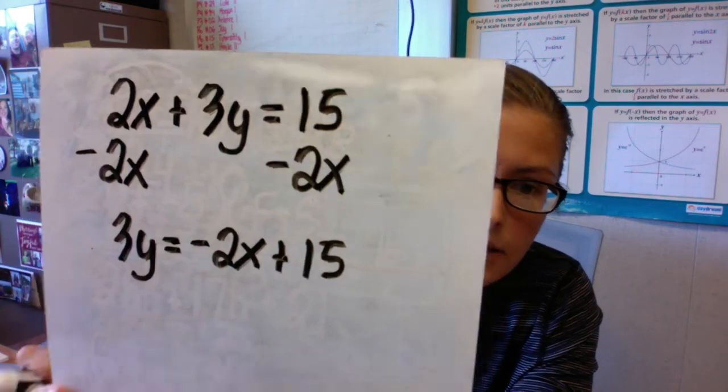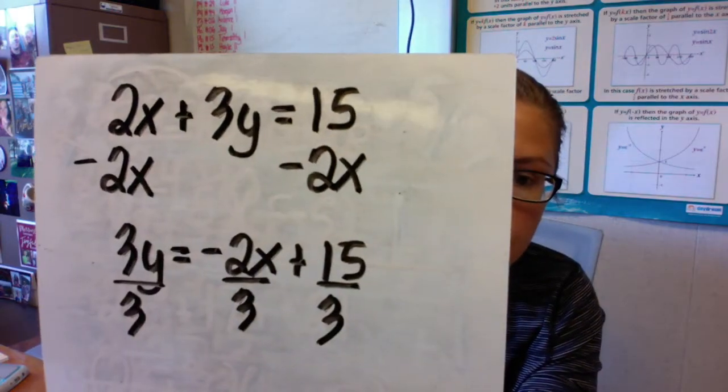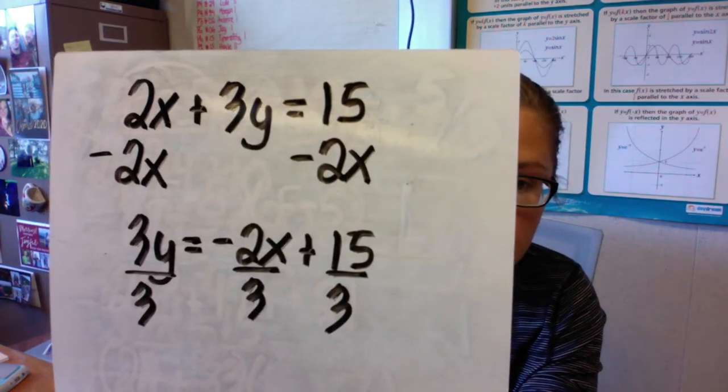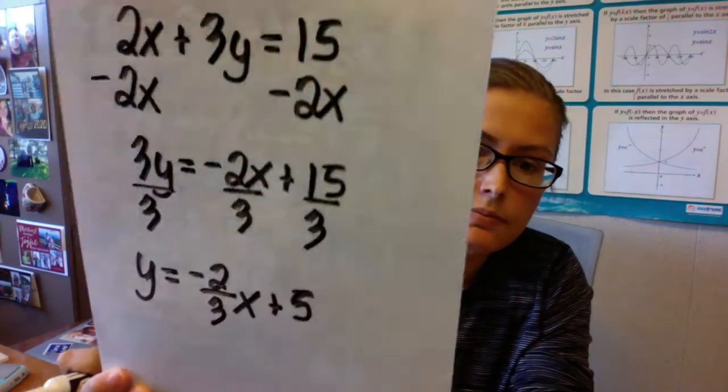Divide everything by 3. And we get y is equal to negative 2/3 x plus 5.